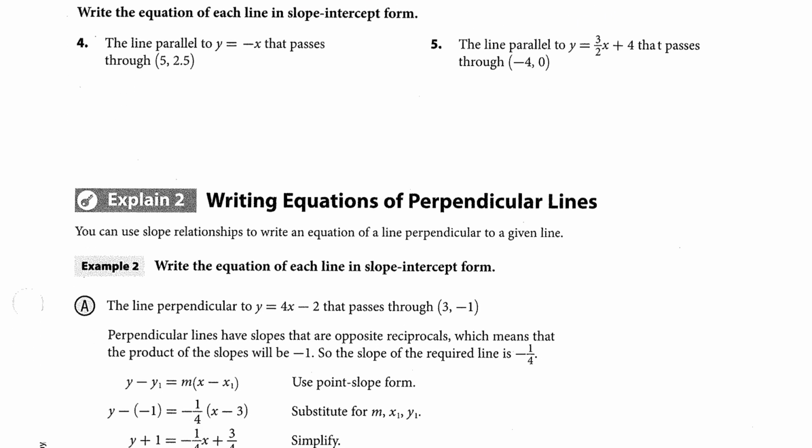Write the equation of each line in slope-intercept form. 4. The line parallel to y equals -x that passes through 5, 2.5. We are going to start with point slope form, but we need to replace the m with the slope -1.